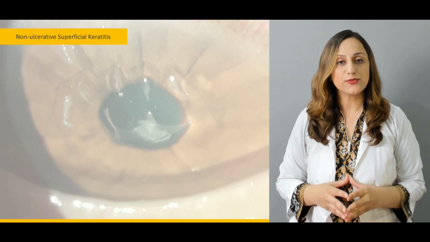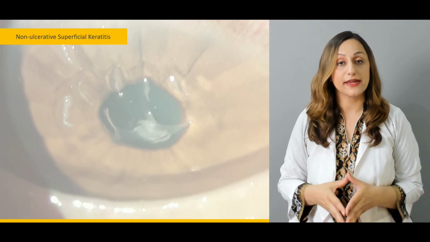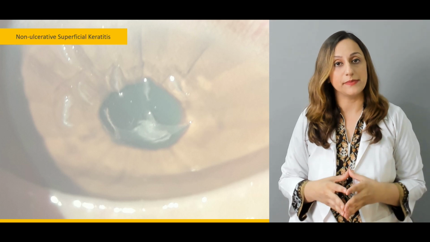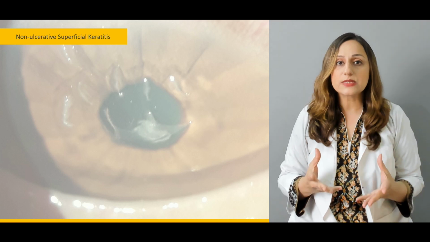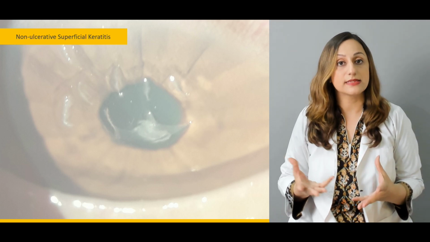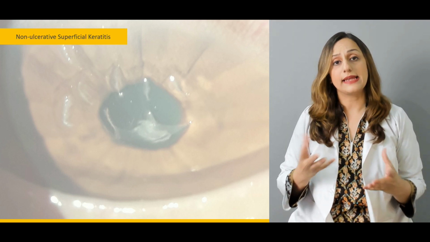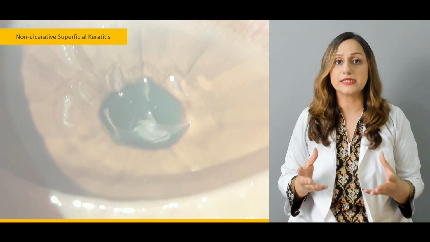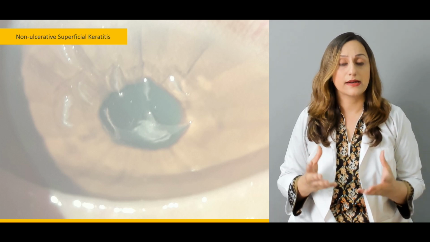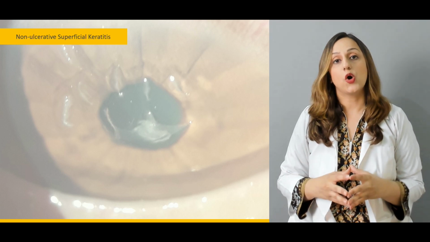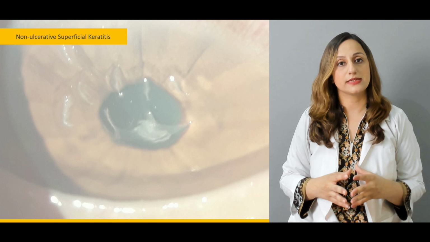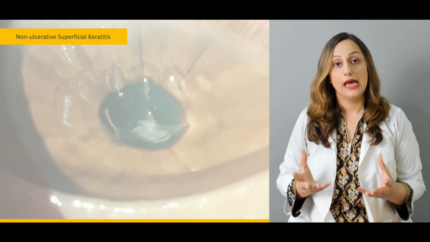The causes which can result in a non-ulcerative superficial keratitis can be viral causes, which can be the herpes simplex virus or the herpes zoster virus. Chlamydial infections can even result in a non-ulcerative superficial keratitis. We can have toxic keratitis or even the trophic keratitises that we have discussed.